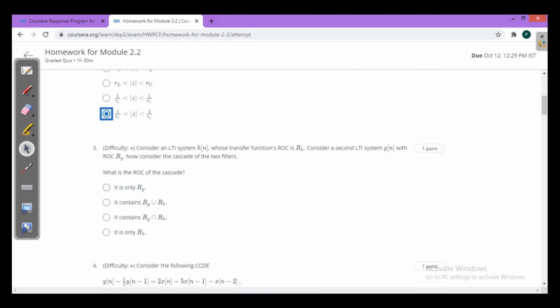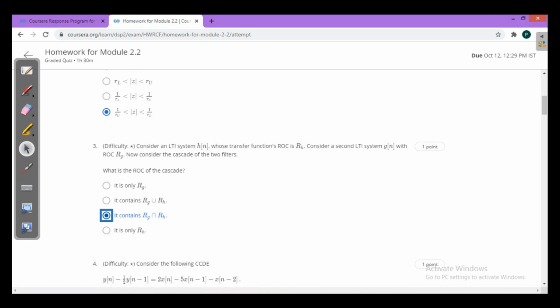So consider an LTI system h of n whose transfer function ROC is RH. Consider a second LTI system g of n with ROC RG. Now consider the cascade. Once you connect the two systems in cascade, the ROC is the intersection of these two. So it contains RG intersection RH.